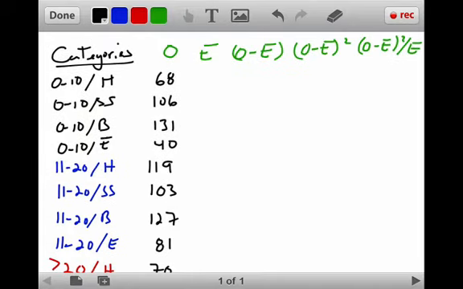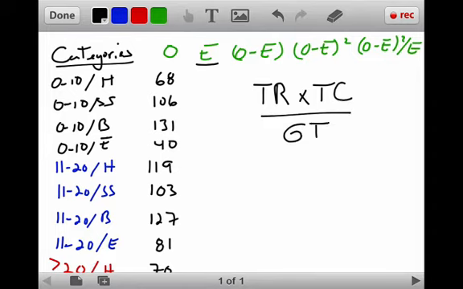As I said, what I'm interested in computing right now is the expected frequency. To do this, we take total row times total column and divide it by the grand total. Looking at the first category here, I wrote down the information that I needed.